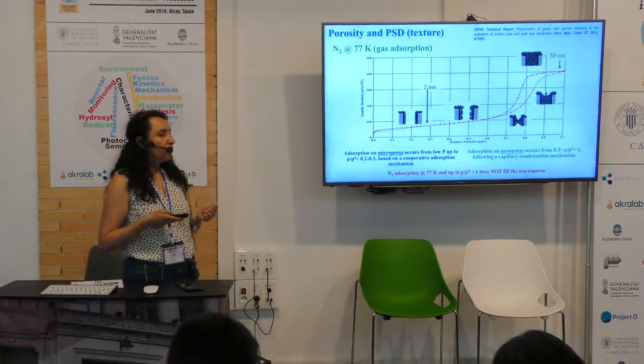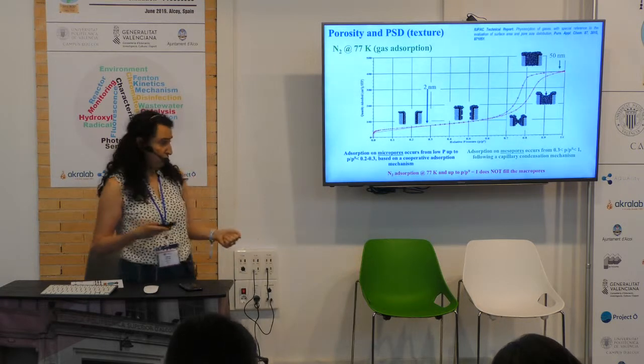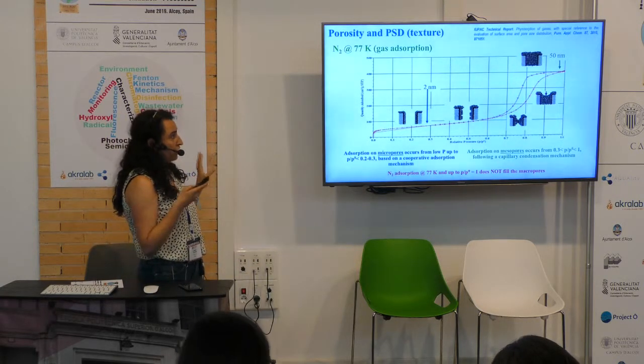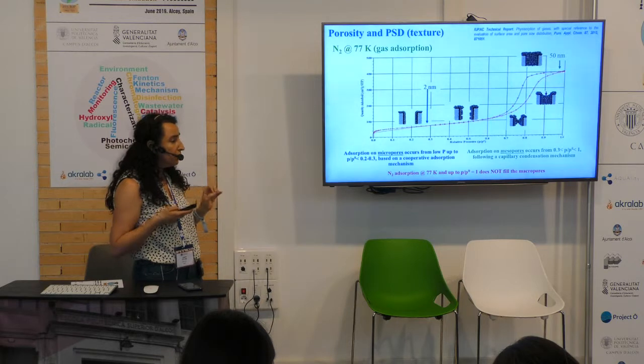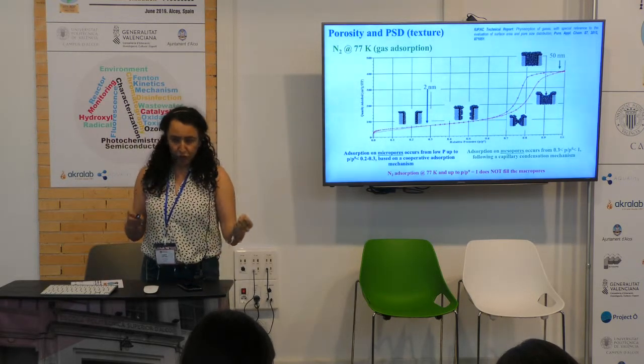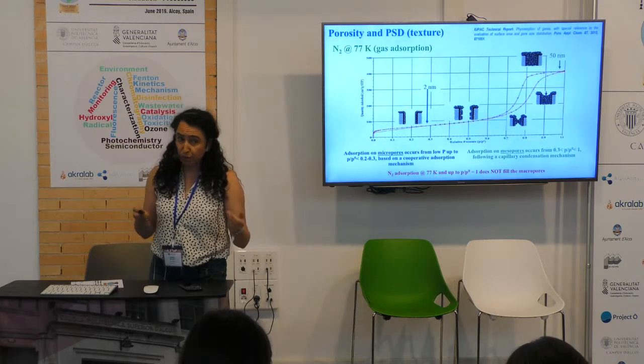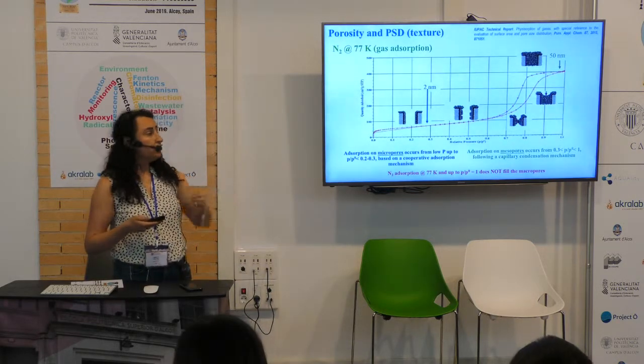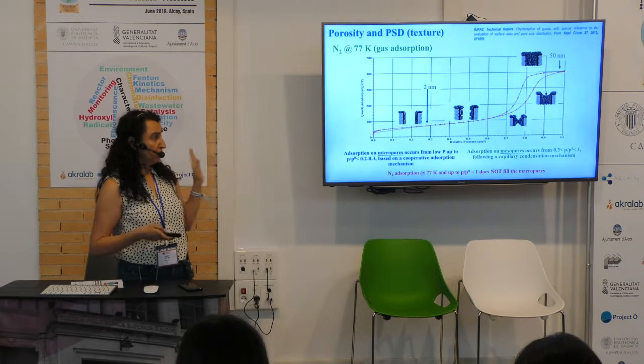Which techniques are used? Gas adsorption. This is just a typical recommended experiment that IUPAC is encouraging you to do to determine the porosity and also the pore size distribution, including surface area and pore volumes of your materials.